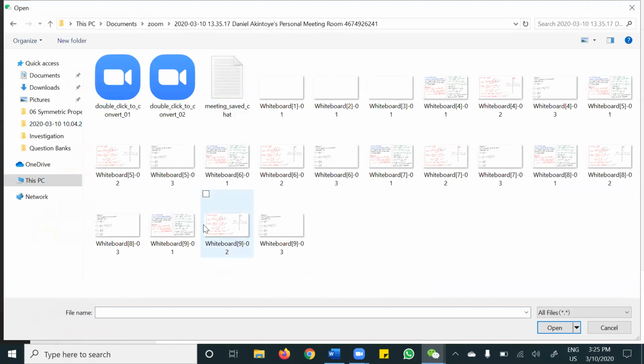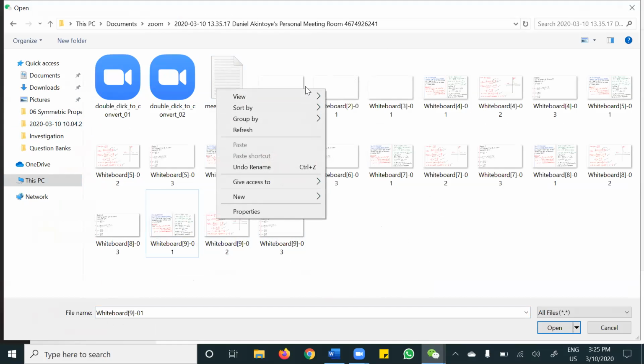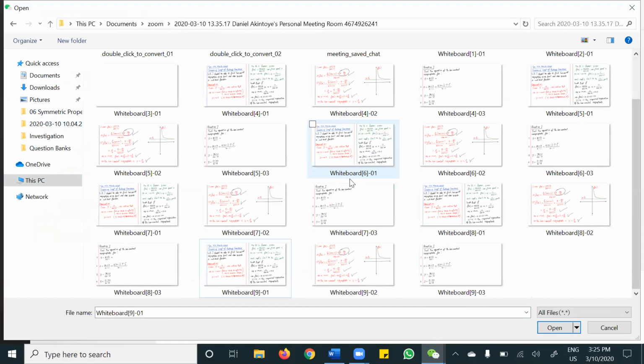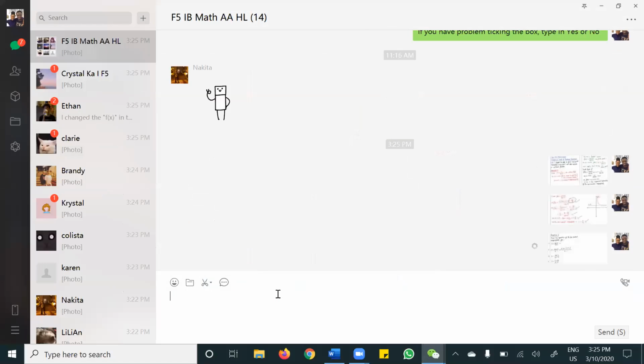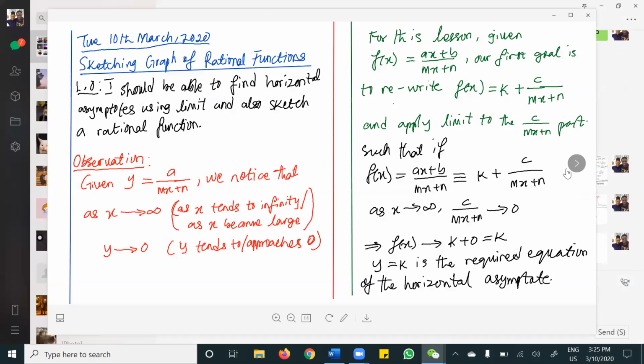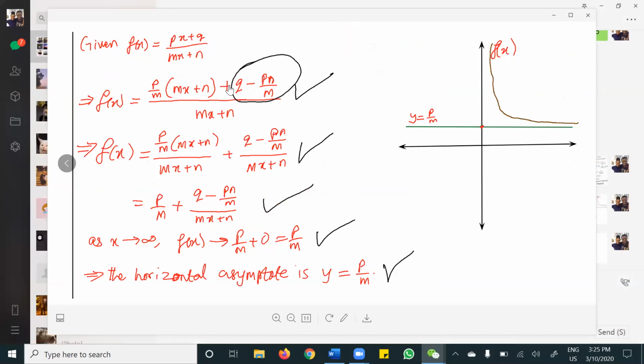So I'm sending the picture of the class so far. So please follow the instruction, follow exactly what we did. There's nothing like K. If it is called F, use F.